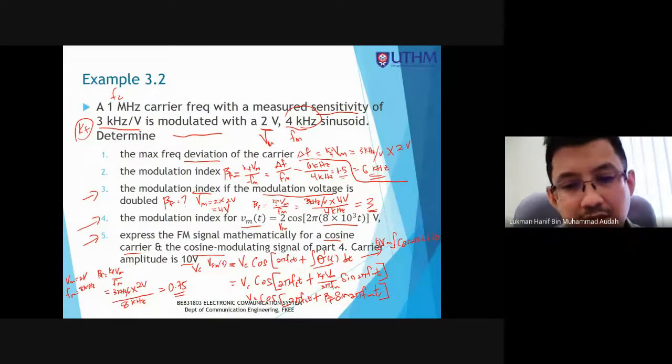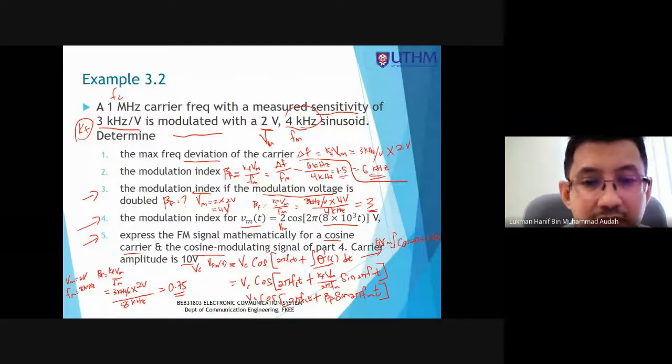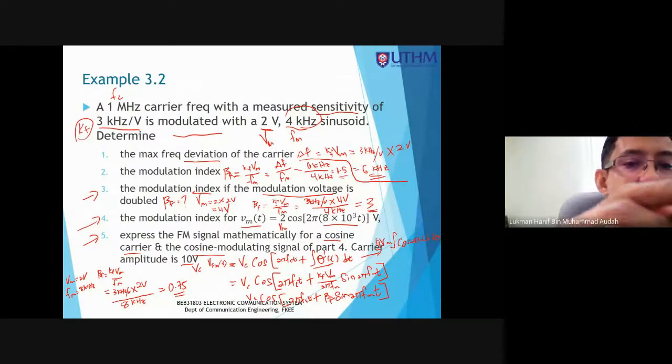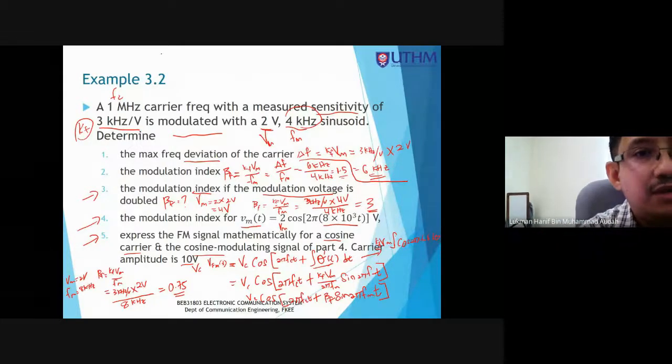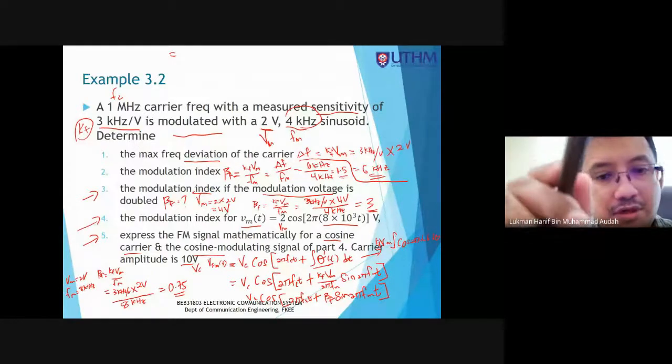Ini dia. Remember that we already got the beta F in question number 4. Dalam soalan number 4, kita dah cari modulation index. So we just need to put it inside the equations. Therefore, the equations become like this. So it becomes Vc cos.